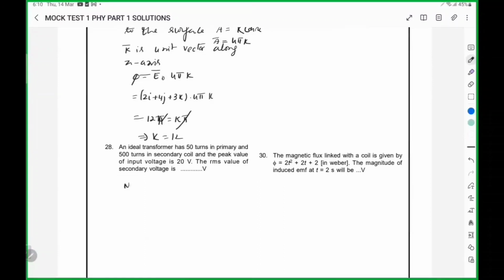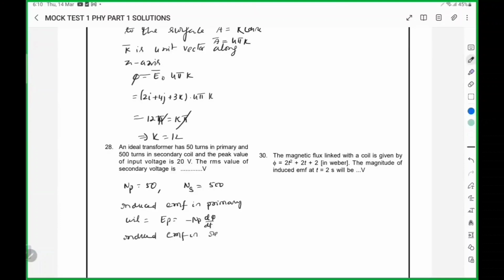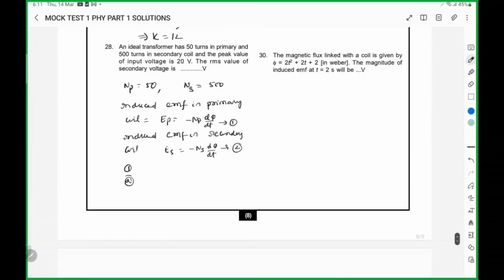Here, number of turns in the primary coil, number of turns in the secondary coil. So the induced EMF in the primary coil is equal to minus NP d phi by dt. Induced EMF in the secondary coil, here we write EP by ES equals NP by NS.